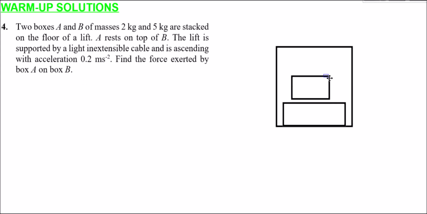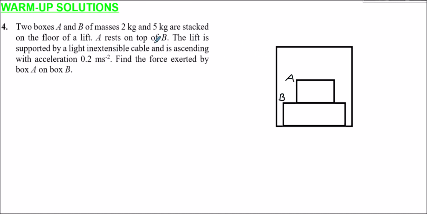There we go. So A and B, 2 kilograms and 5 kilograms. So that's A. In fact, I'll do it to the other side so it's not in the way of the diagram. So I'll have this as being A, and B is below it.